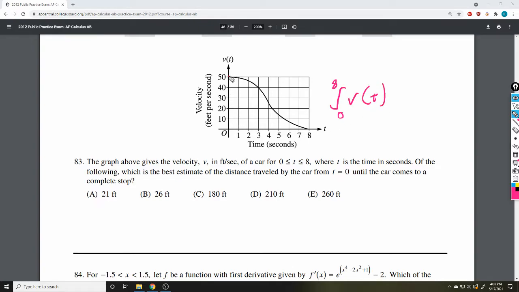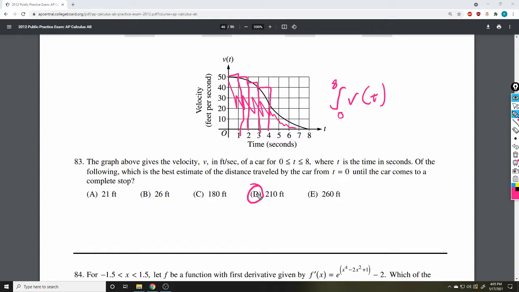So I would draw it out, maybe do a left Riemann sum and determine what this estimate should be. But in general, we are looking for this area, and we're looking to estimate it. And the closest estimate ends up being 210. So I would use some kind of Riemann sum to give us a good idea of where that would be.